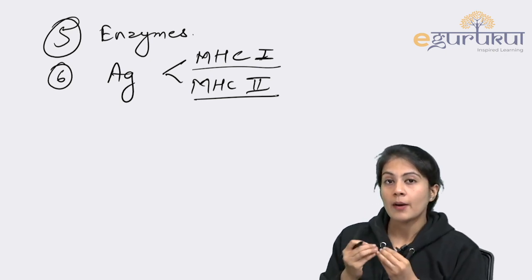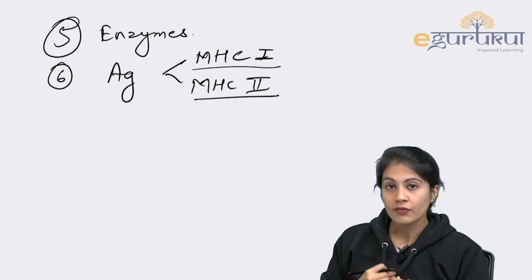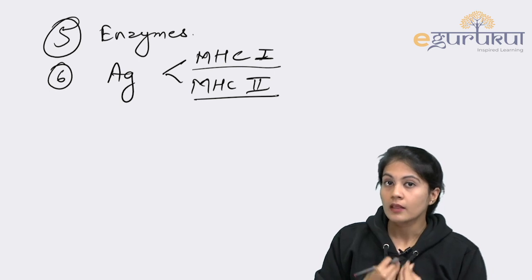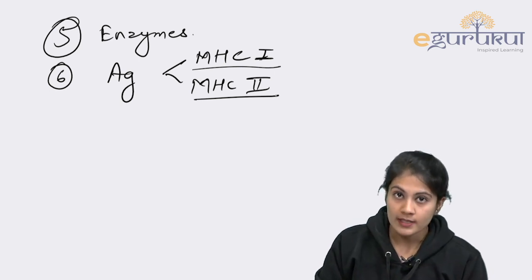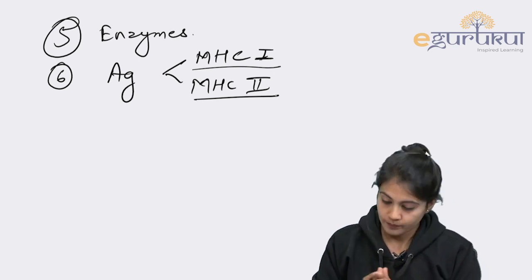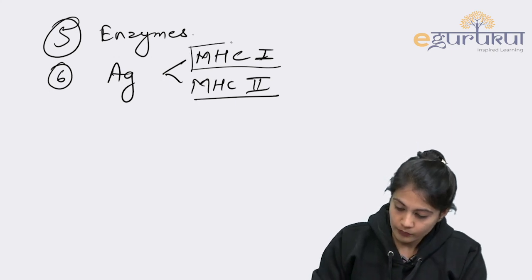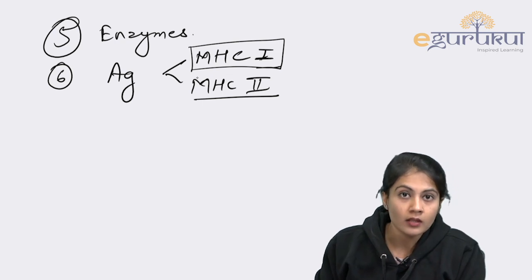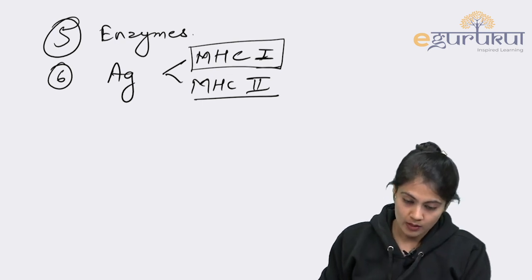MHC1 are present in our body, right? If antibodies are made against MHC1, that can lead to autoimmune disease, which is pathology, right? But usually the antibodies are not formed against MHC1 in a healthy person, right?